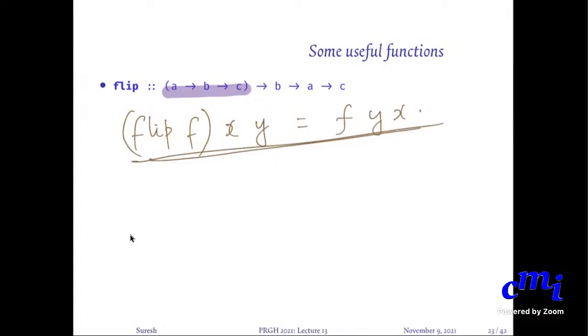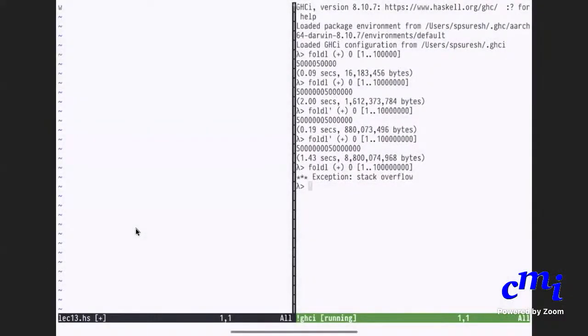How do you do reverse using foldl? That's an exercise. Can somebody tell? Let's try to do reverse using foldl. It will actually be more or less the same as your reverse from before. Okay, I want a reverse using foldl'.